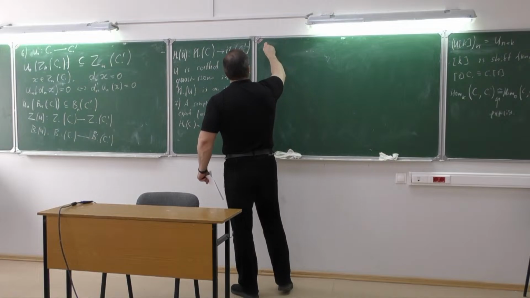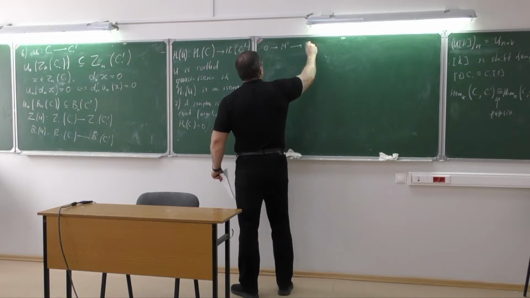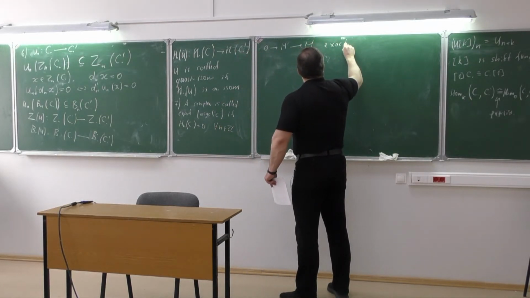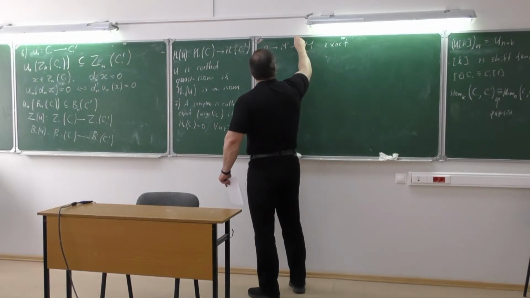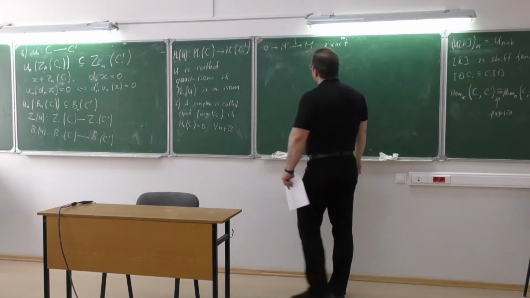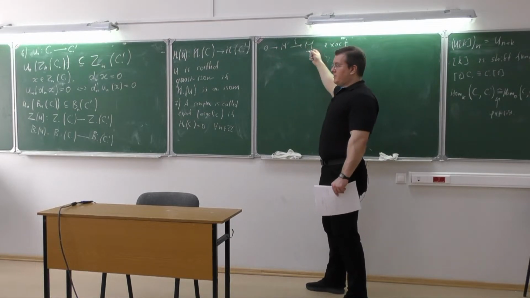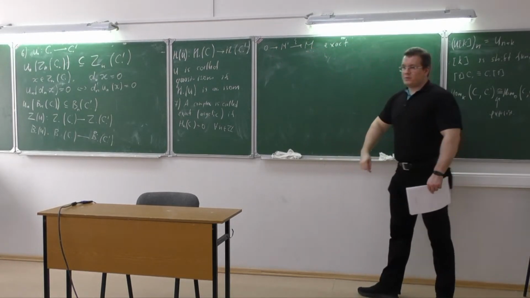For example, you can look at the complex like this. Say we have two modules, and I'm saying that this is exact. So let me call this map between modules I. So I have three terms: 0, some module, and another module. I'm saying this is exact. What does it mean in more naive terms?